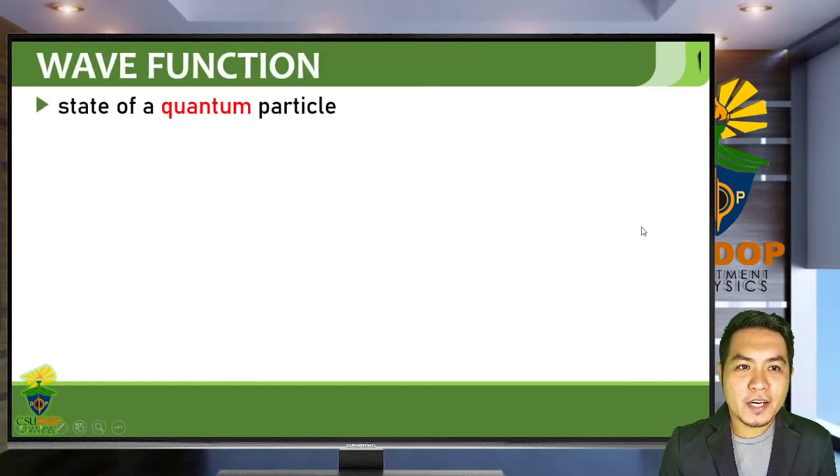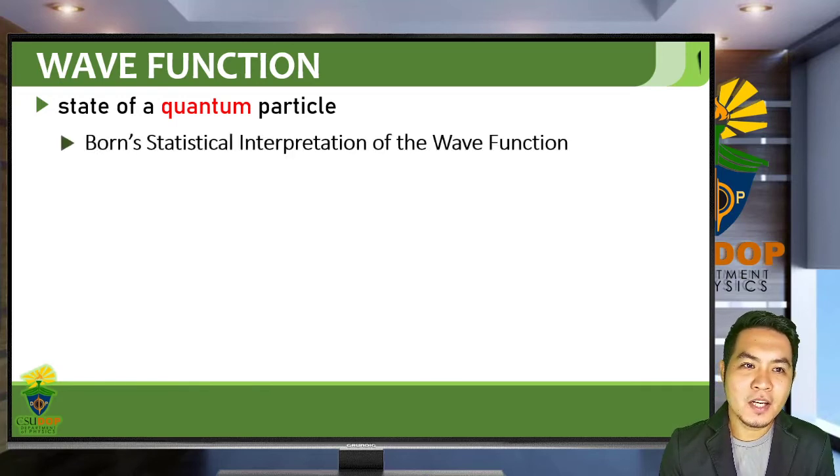So in general, the wave function represents the state of a quantum particle. Note that we are in the quantum world here. We are dealing with very small objects. So we cannot use the wave function to describe classical particles. According to Max Born, the wave function can be statistically interpreted as related to probability.